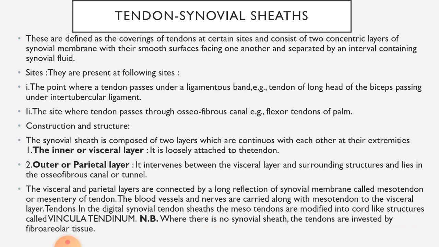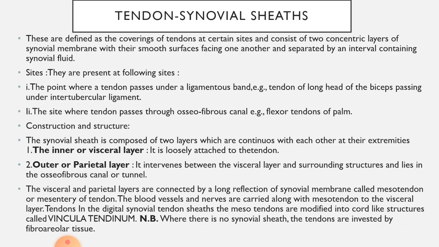The two layers have smooth surfaces facing one another and are separated by an interval containing synovial fluid. These two layers are called the visceral and parietal layers, and between them flows the synovial fluid.